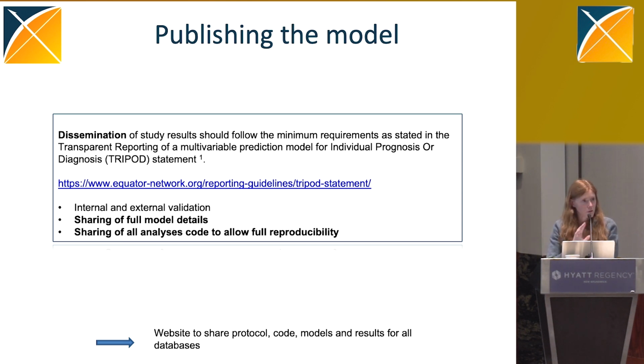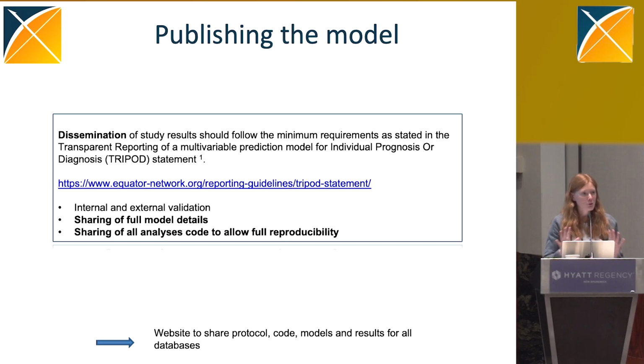There's a few things that I want to really highlight. I think it's very important that you should share the full model details for transparency. It should be very clear what someone did when they developed the model. It makes it so that other people can apply the model. It is crazy how often people publish models and there's something missing so you can't then replicate that model. There's things like the intercept might be missing, or the baseline survival might be missing.